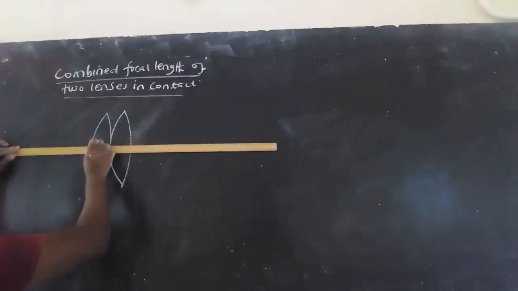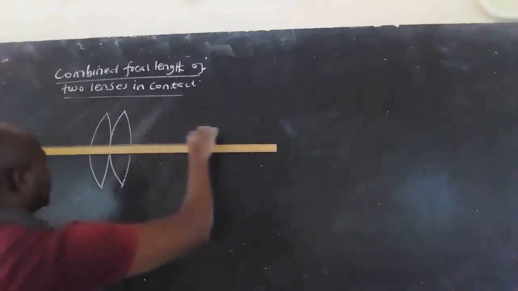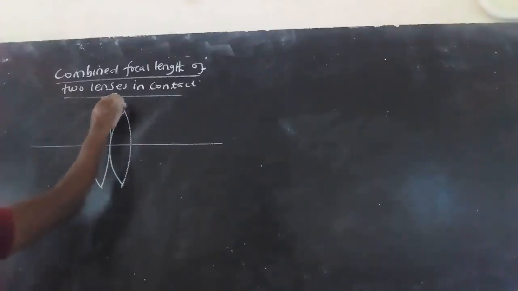I have this lens, this axis. This is A, this is B. This one having F1, this one having F2.